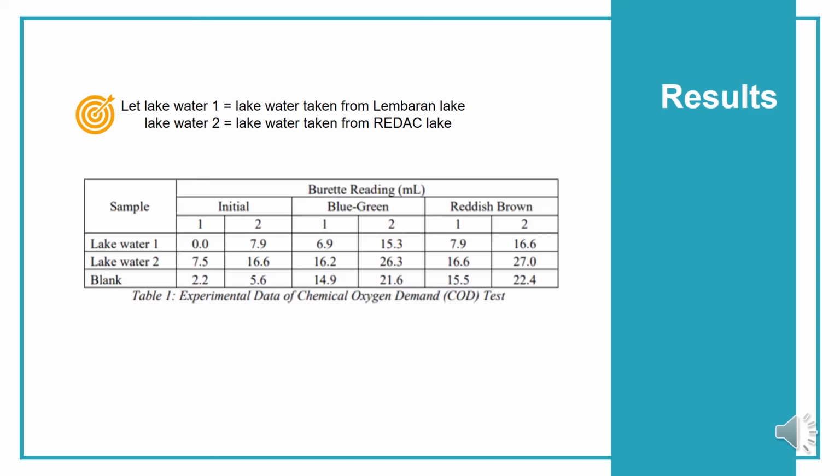As we can see on table 1, it is experimental data of the chemical oxygen demand test. There are 3 samples, which are lead water 1, lead water 2 and blank solution. For each sample, we take the burette reading, and for each sample we took 2 readings.